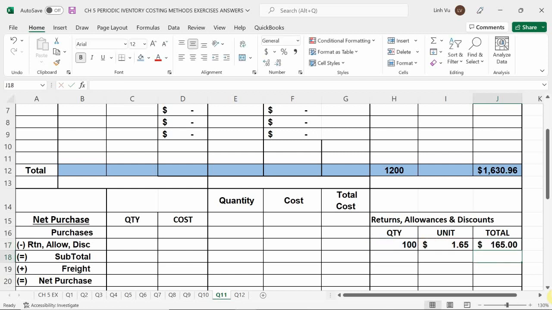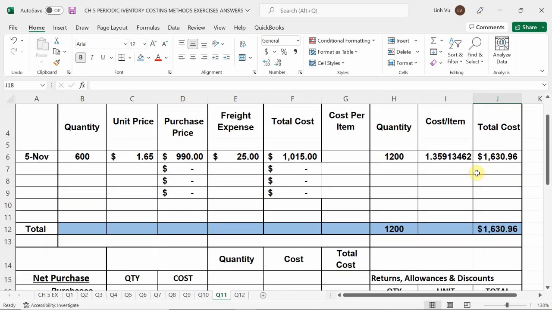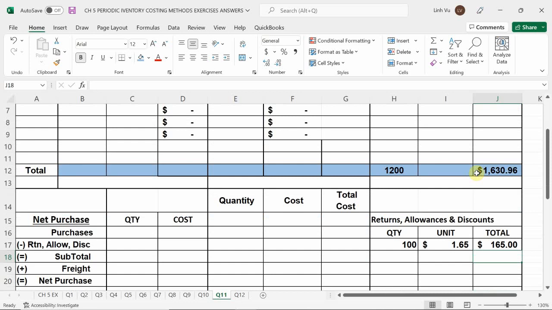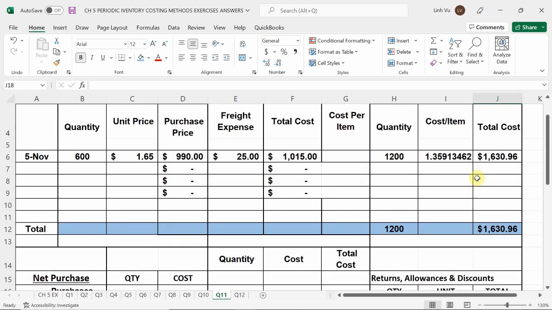Okay. Good, that's your refund. Now, in this case, does it matter for me to calculate that now? No, because at the end of the day, you're going to add them all up eventually in your goods available. So you don't need to do anything to keep track of it.